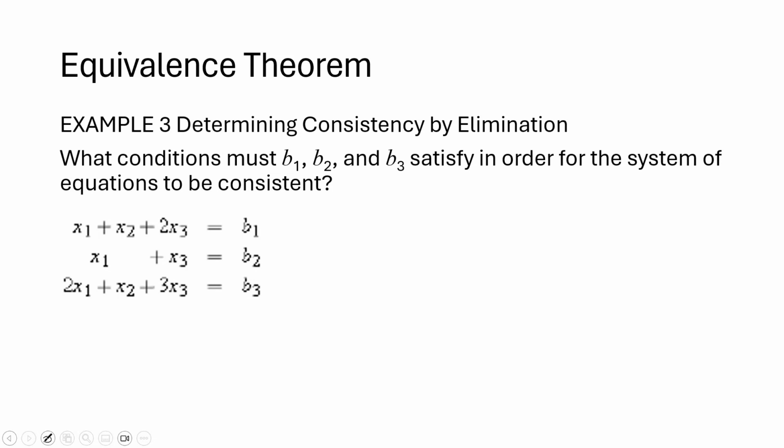In this case, we have to augment. The matrix has rows 1, 1, 2, B sub 1; then 1, 0, 1, B sub 2; and then 2, 1, 3, B sub 3. Of course, we can reduce this augmented matrix.